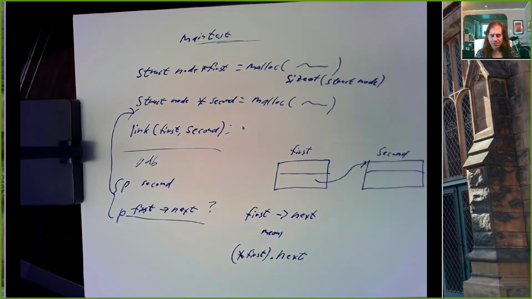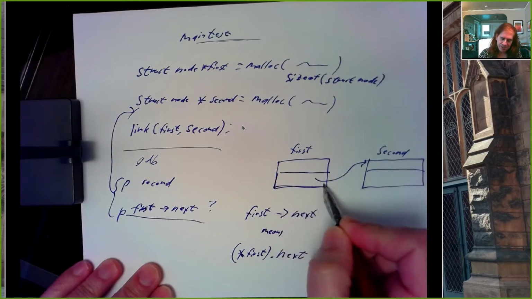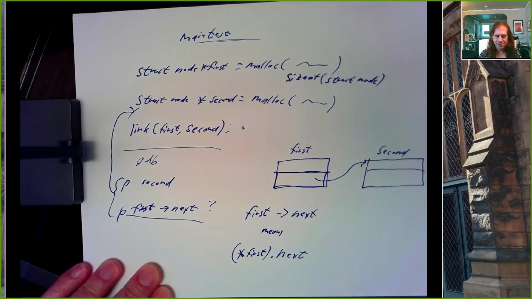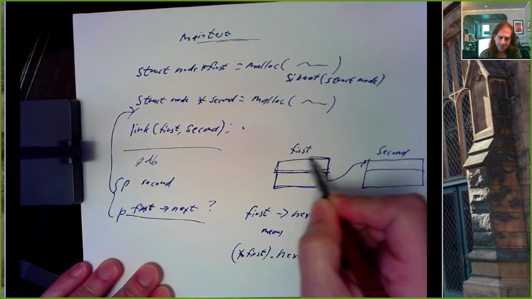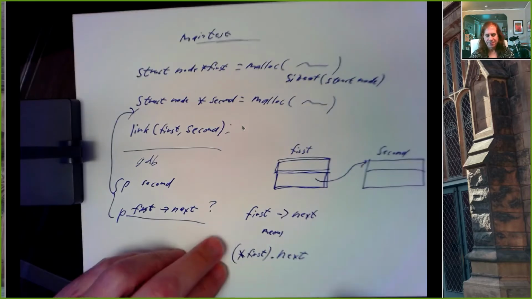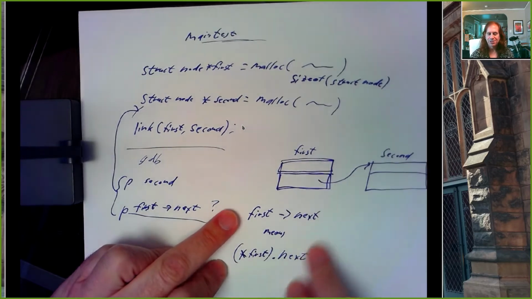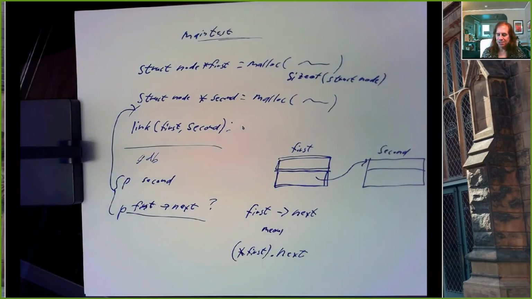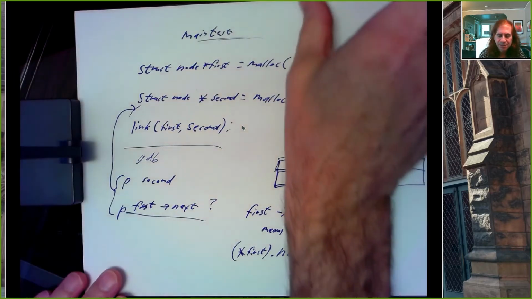So if first is a pointer, first arrow next gets you this block, this piece of it. First arrow data would get you that piece. And that right there is the whole trick of working with any of these structures that are built at runtime in memory. So if your brain wobbles a little around this, that's good. That's the point that needs to be worked out.